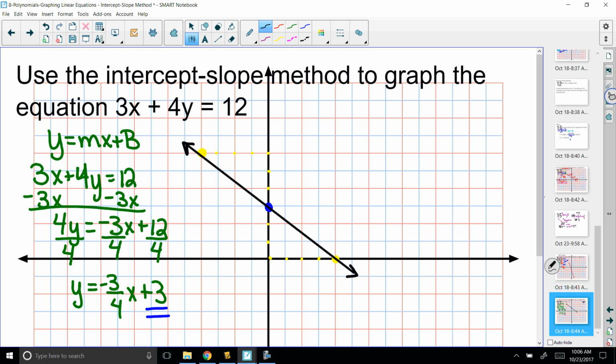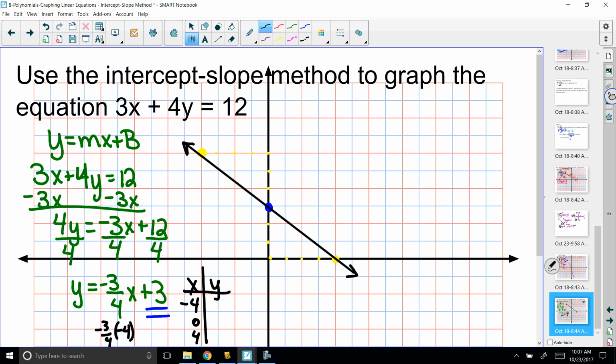Can you imagine coming up with an XY table for this? You would have to pick negative 4, 0, and 4 and find those values. See what you get. If you put negative 4 in, what's negative 3/4 times negative 4? Positive 3. This is 12/4.